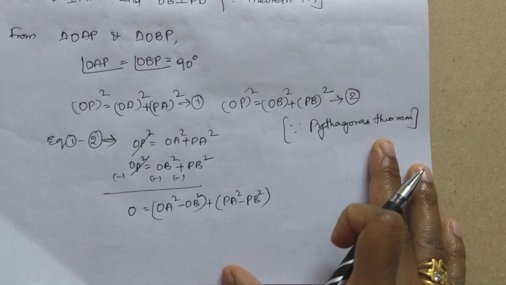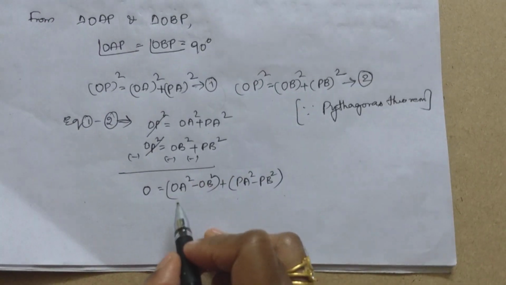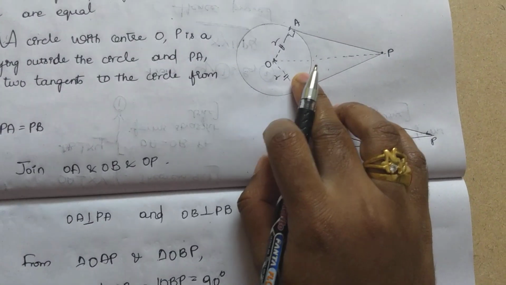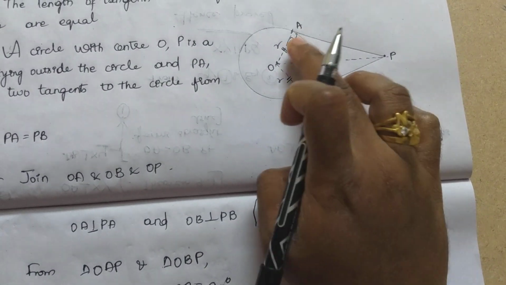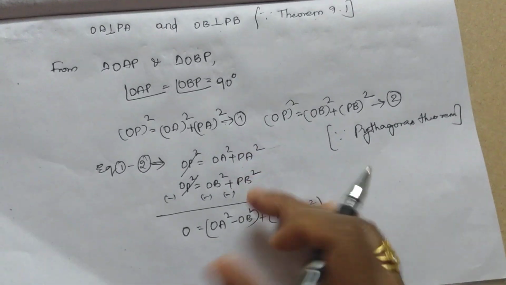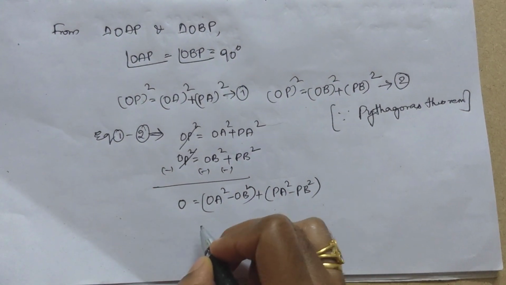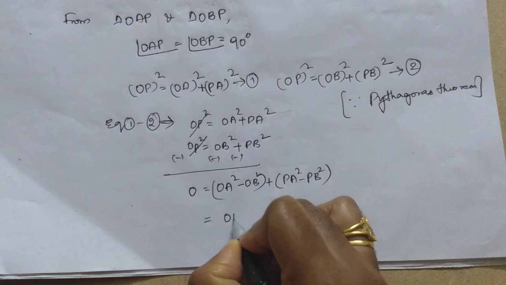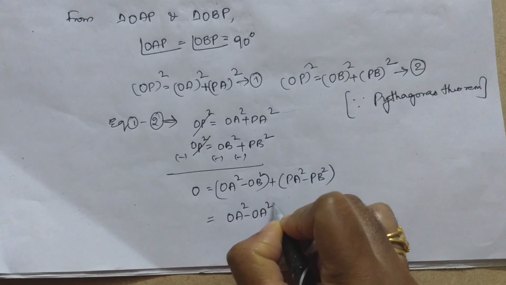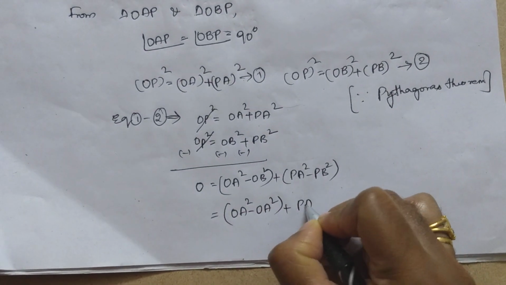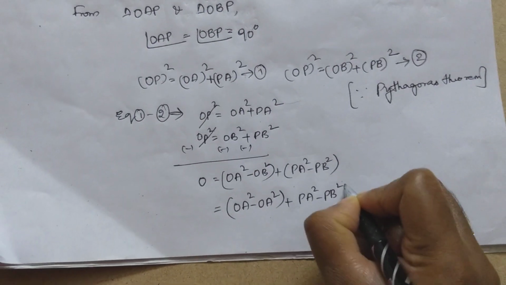In the next step, since OA equals OB. Why? Because in the initial step we have written that OA and OB are equal since both are radius. So can I substitute OA in place of OB? Yes, you can. So it becomes OA square minus OA square plus PA square minus PB square.